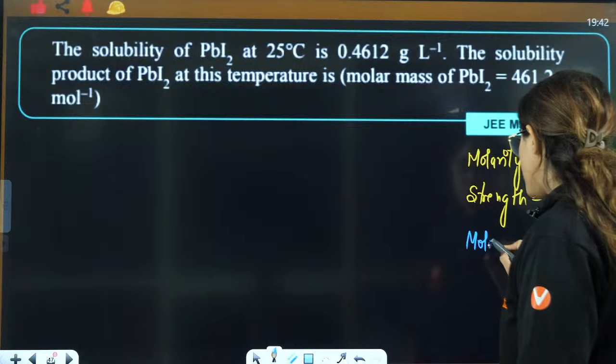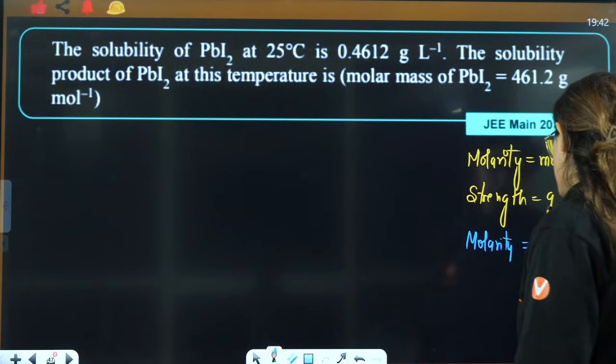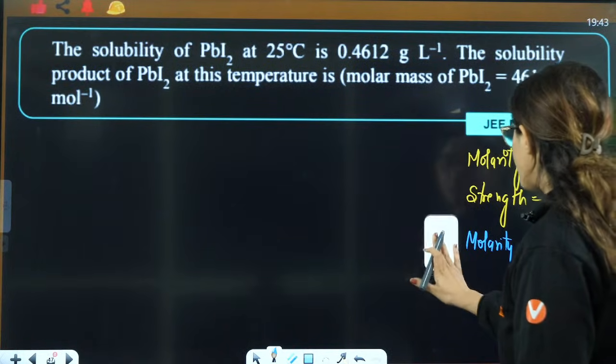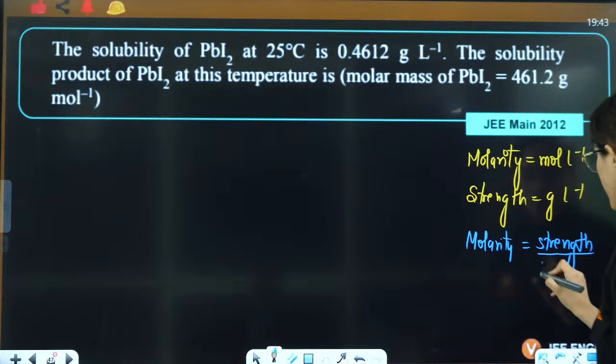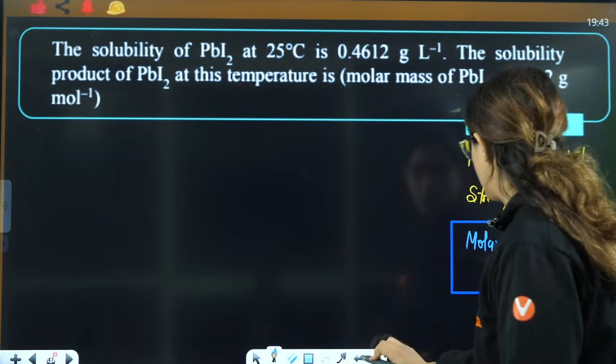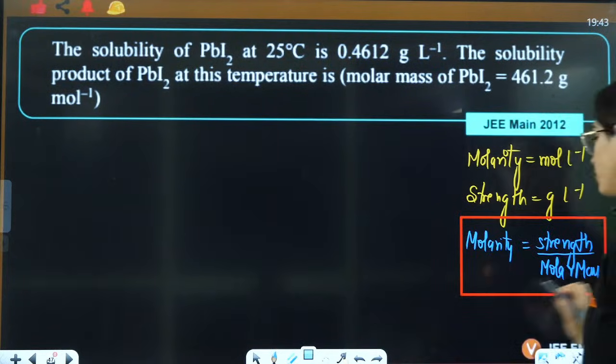Molarity is equal to strength divided by molar mass. That is the relation that you must know.